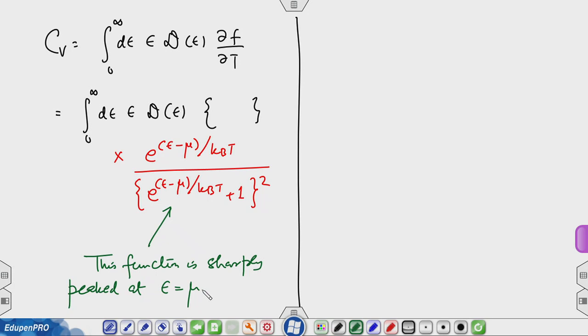So we use that to do a manipulation, and this is a general manipulation in all these calculations involving the Fermi-Dirac function.